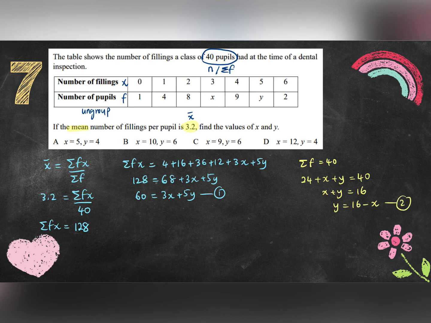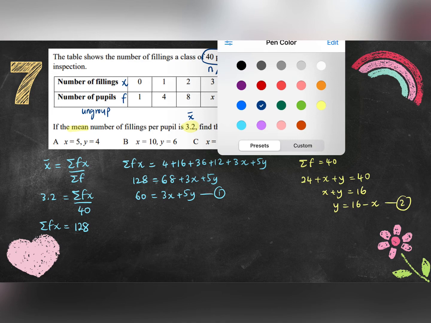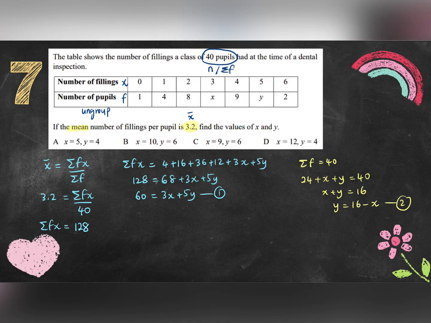Okay, now, for the third equation, so apa kita akan buat next is, we are going to substitute 2 into 1. Okay. So, 60 bersamaan dengan 3x tambah 5 in the bracket 16 minus x, which is 5 darab 16, 80 minus 5x.